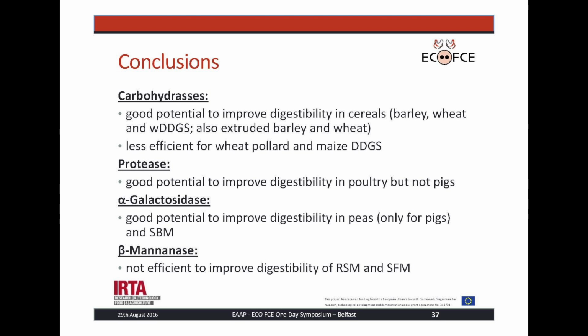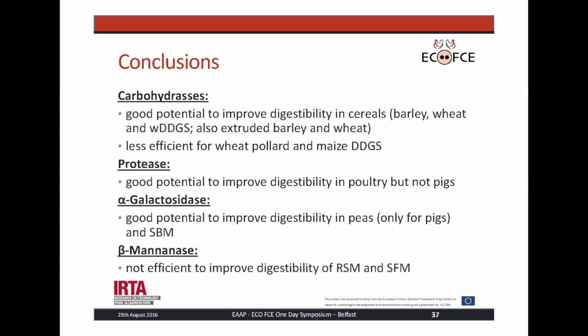And they are not as efficient for wheat pollard, surprisingly, which we didn't expect, and for maize DDGS, this is not quite surprising. Protease seems to have quite the potential to improve digestibility in poultry, but not for pigs. We don't know why of the different species, but it seems to work very well with poultry, but not for pigs, for the ingredients that we've tested. Later on, we'll probably see those in there.